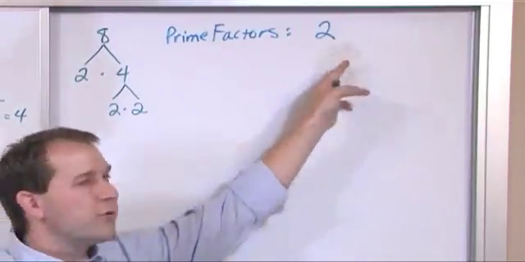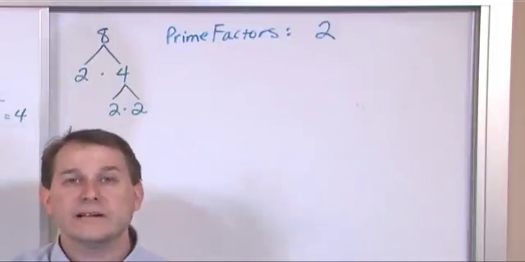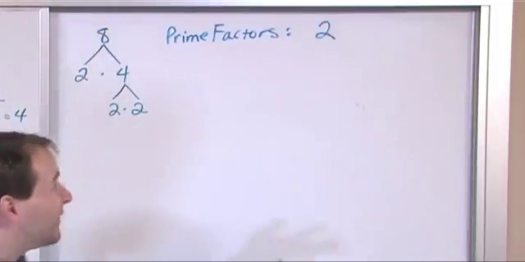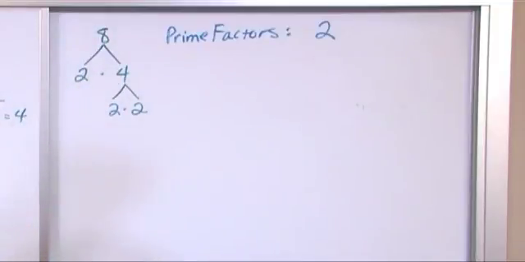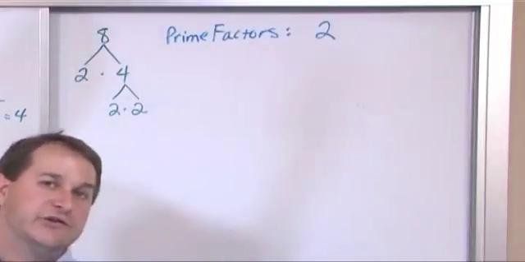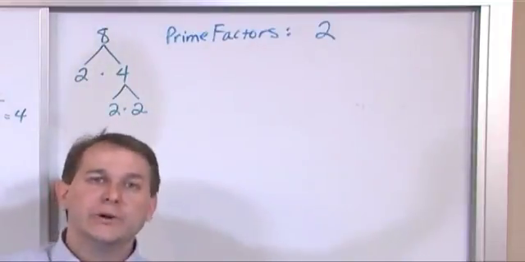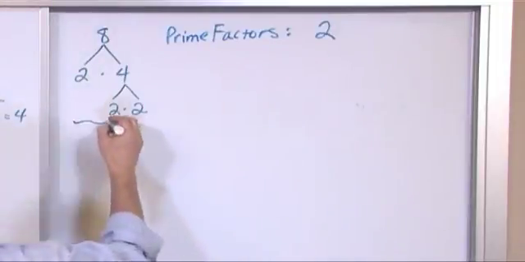When you're listing the prime numbers as a list, you only need to list the number once because you're only listing numbers that are prime that can be divided into 8. So the fact that it's listed here 3 times doesn't really matter when you're just making a list of prime numbers. Now later when we write the factorization out, then you'll need to include everything on the bottom of this tree. It just depends on what your problem really asks. And that's really what it boils down to.